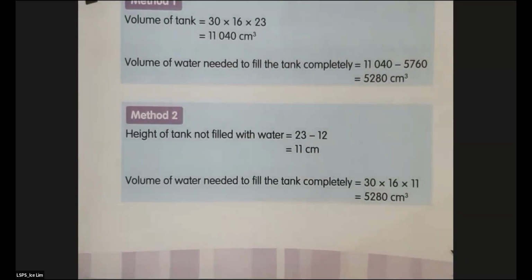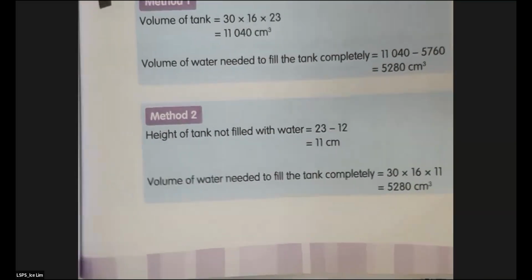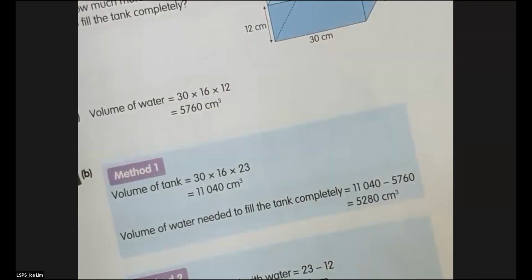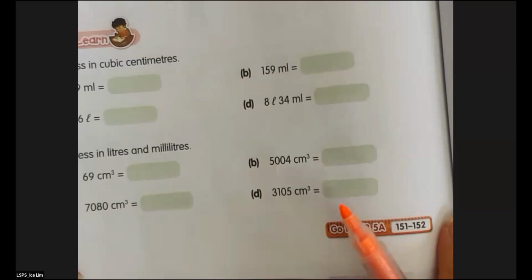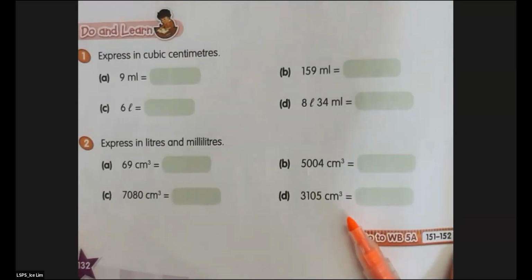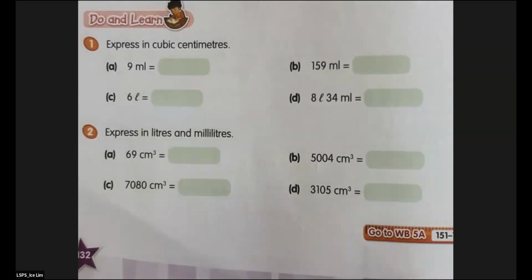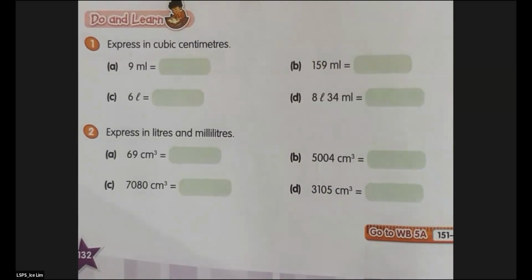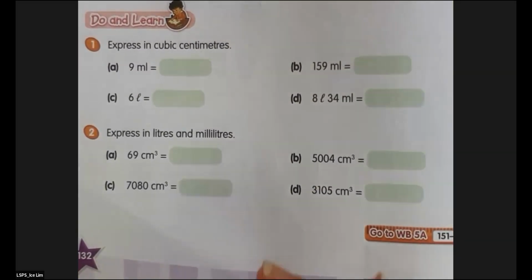Okay, now challenge for those of you who are waiting. Let's go over to the next page here. This over here, let's try this one first. On page 132. Give you 5 minutes to do the conversion. Are you ready?